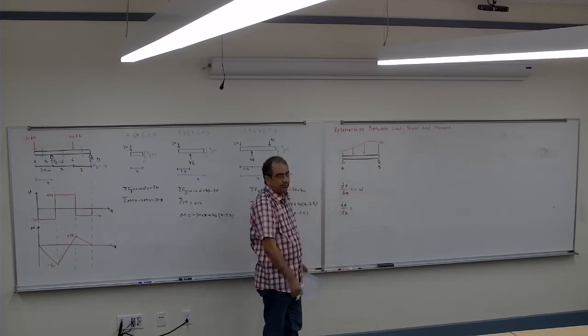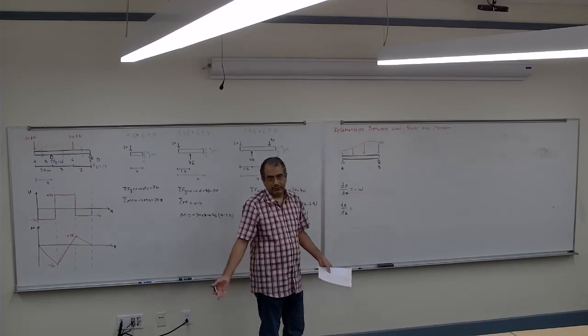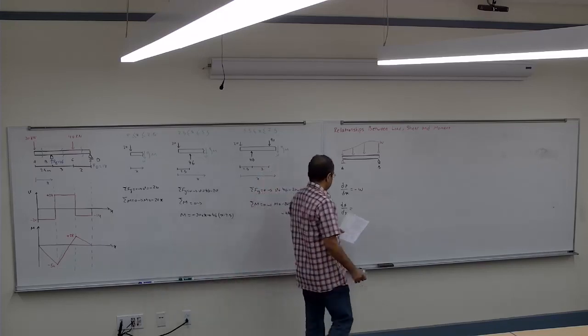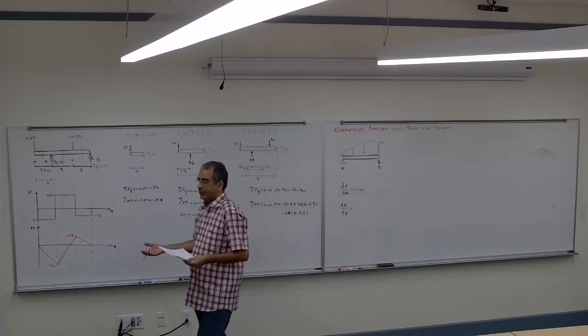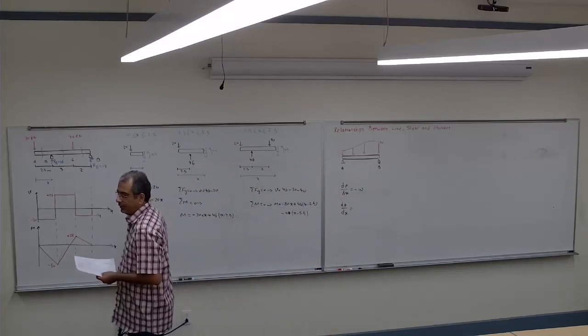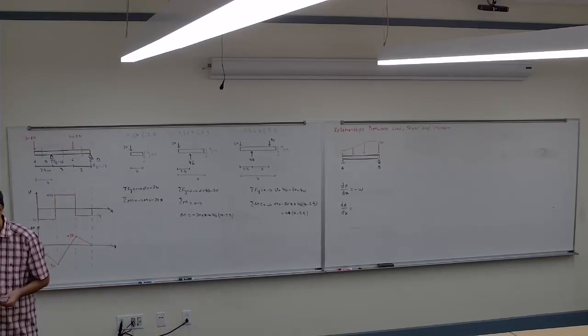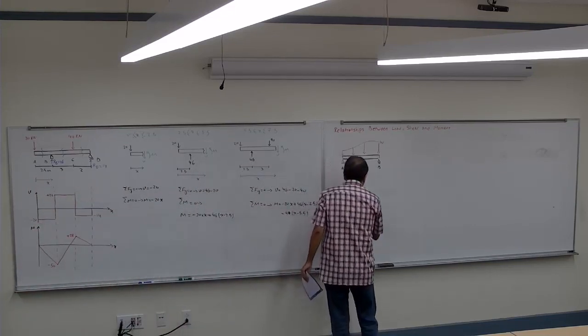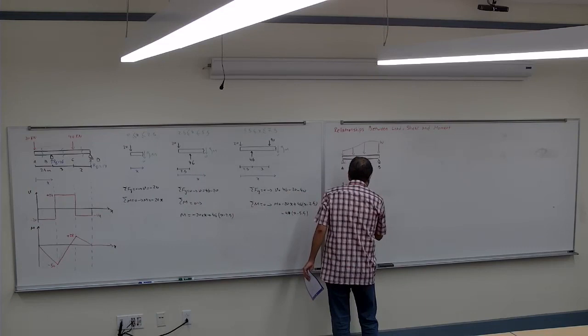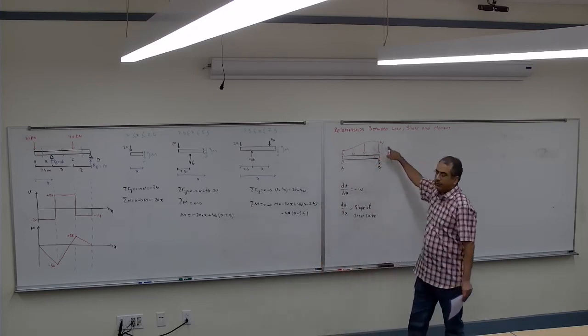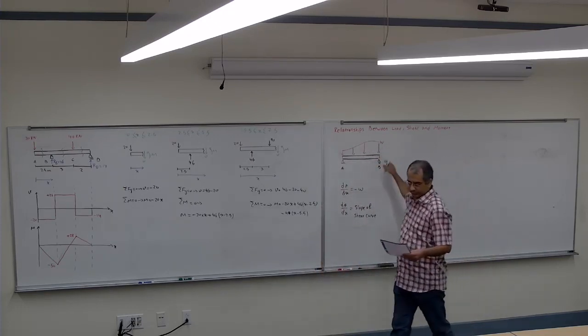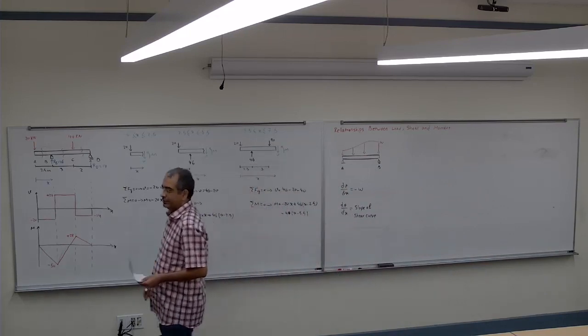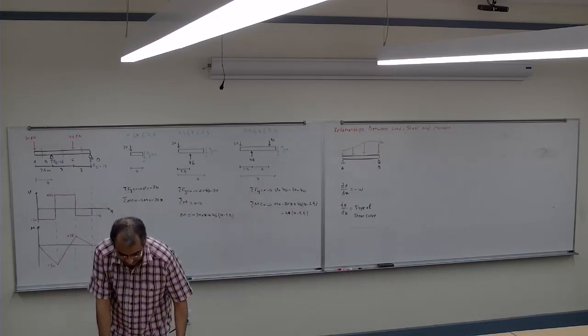It is the slope of the shear curve. So the slope of the shear curve is negative w. That's the very first relationship that we use.